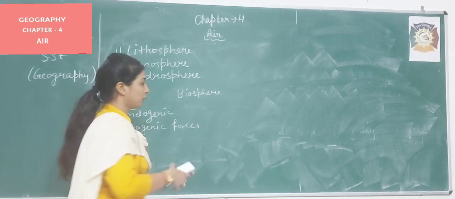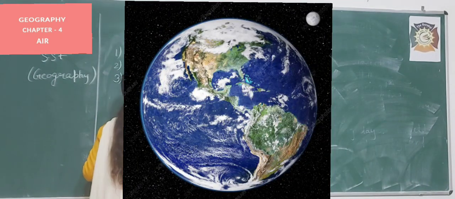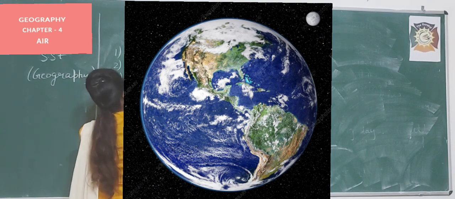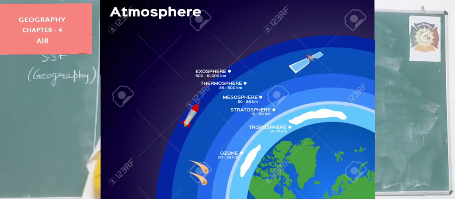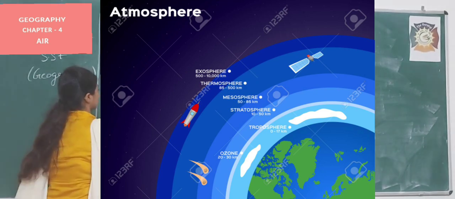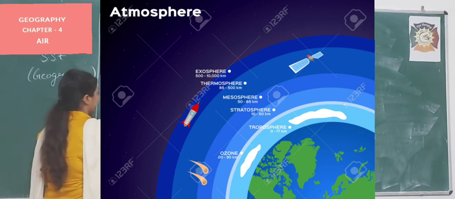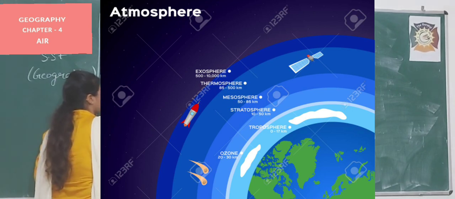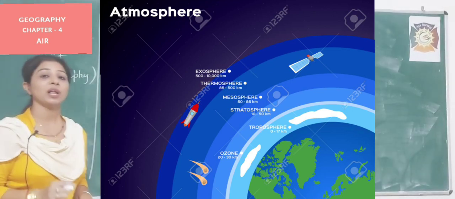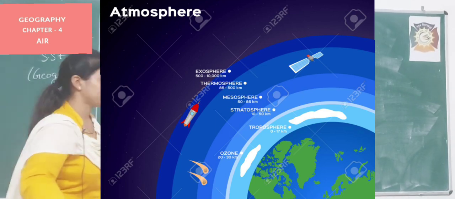Okay, so we can say our earth is surrounded with air, or there are some layers around our earth. You can see this is our earth and there are some layers around our earth. These layers are called blanket of air. I am writing here.